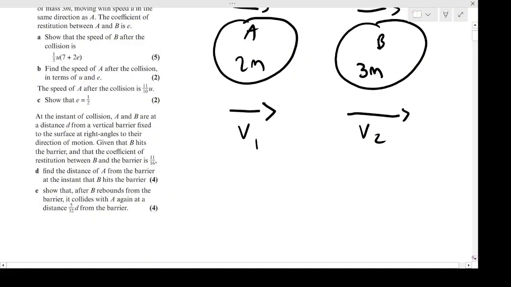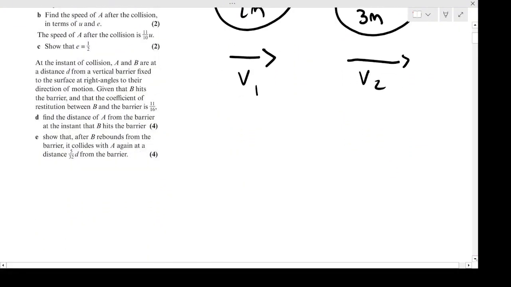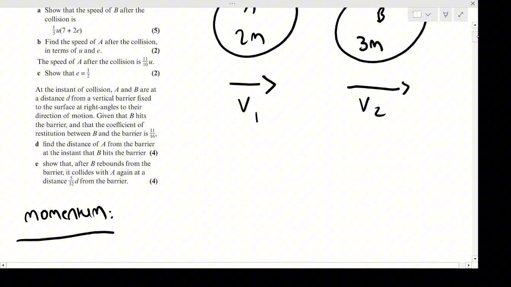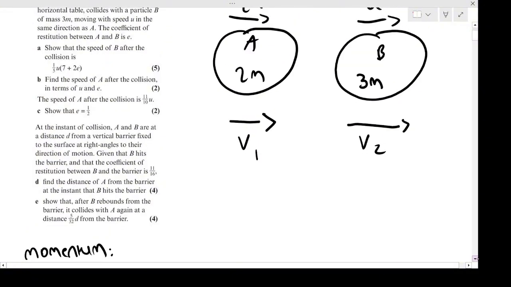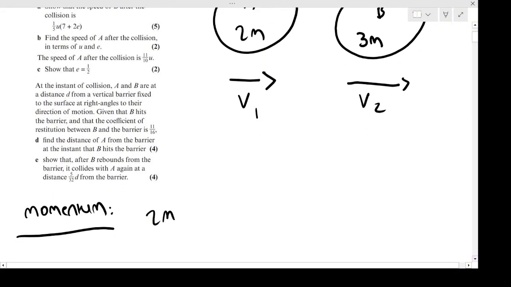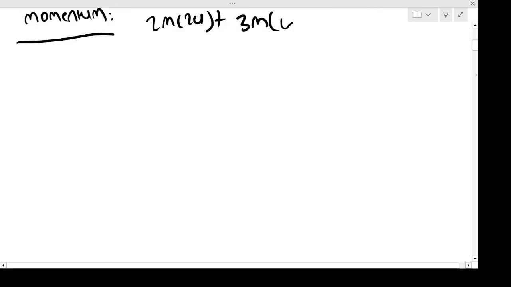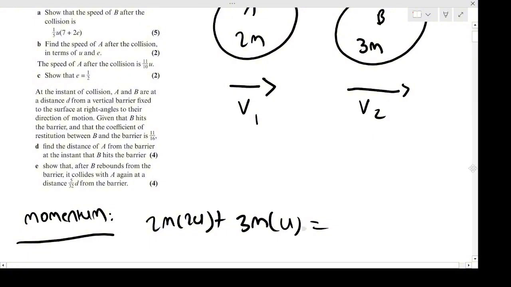Now, we're going to apply the usual stuff. So momentum firstly. That's going to be 2m lots of 2u for A, and then 3m lots of u for B is going to equal 2m lots of v1 and 3m lots of v2.